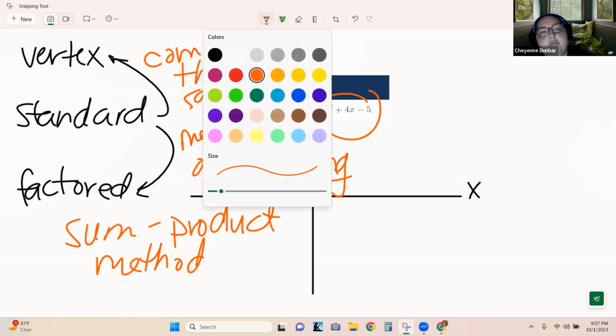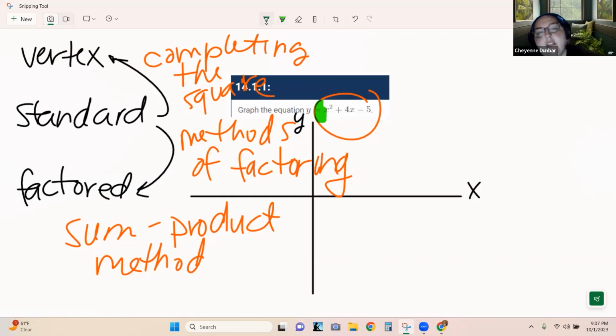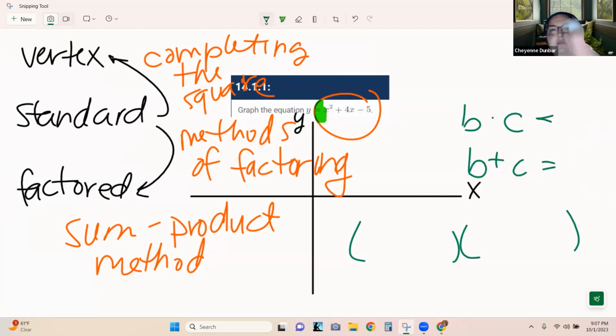So the sum product method is only appropriate when you have no number in front of your x squared and your b and c can be multiplied and added together and equal the same, or well, let me rephrase that.